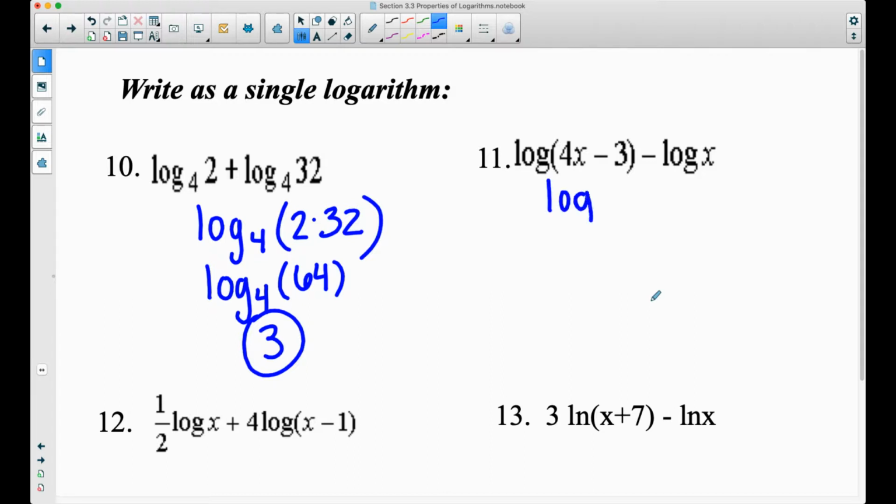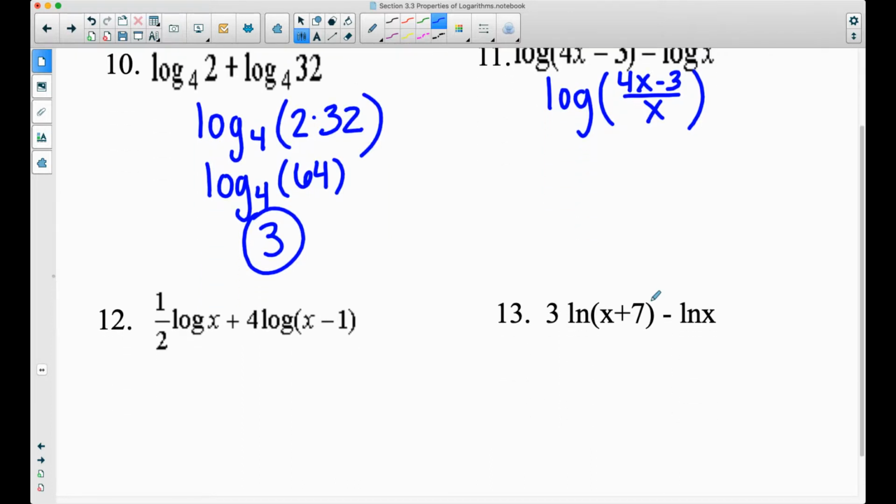So since we are subtracting 2 logarithms, I'd write my answer like that, okay? It is the logarithms, not what's inside the logarithm. Okay, try the other 2.